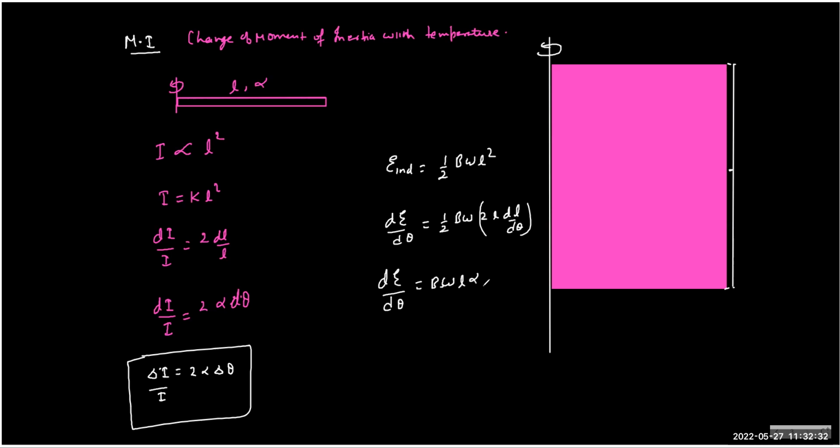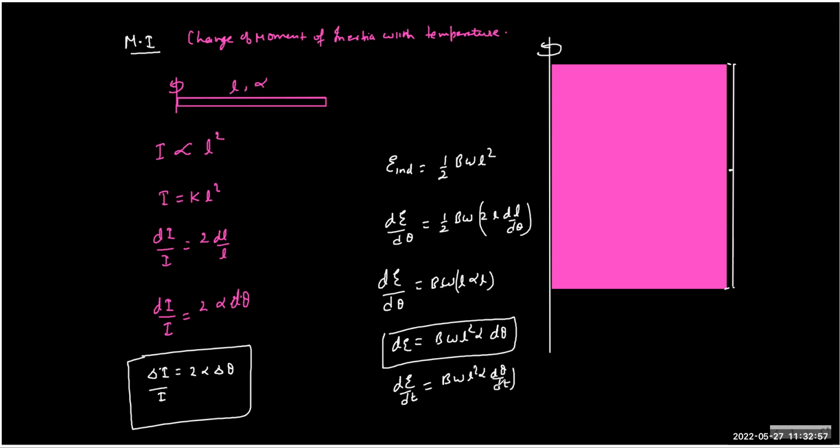And alpha is the linear expansion coefficient, so B omega L square alpha into d theta, or you can say dT, not to get confused with angle and all. So if I ask you dE by dt, you can write it as B omega L square alpha d theta by dt, which means the rate of change of temperature with time and the induced EMF will have a relation.